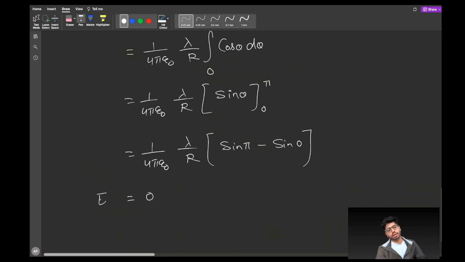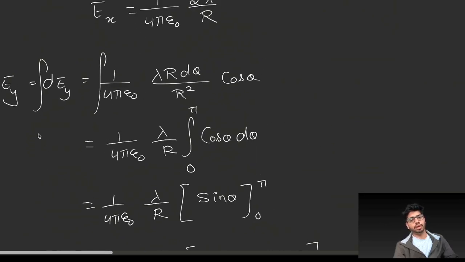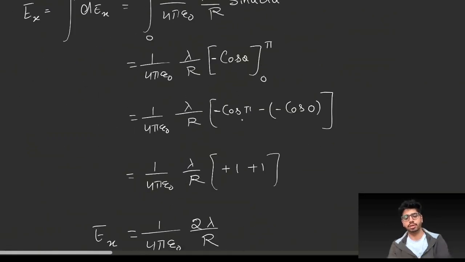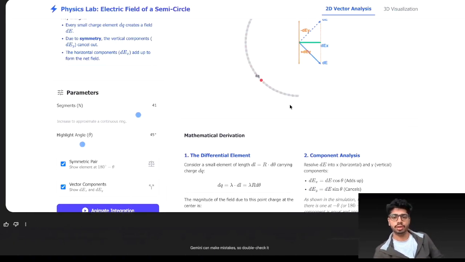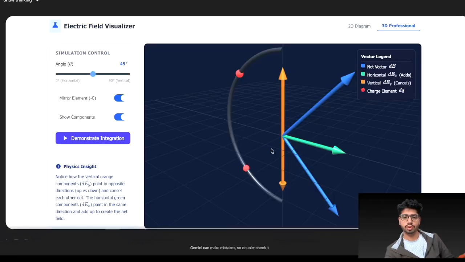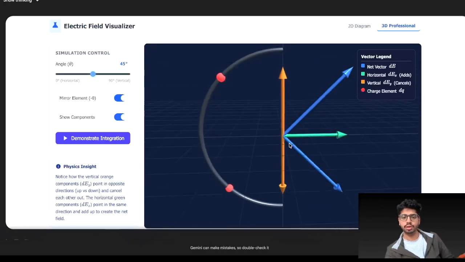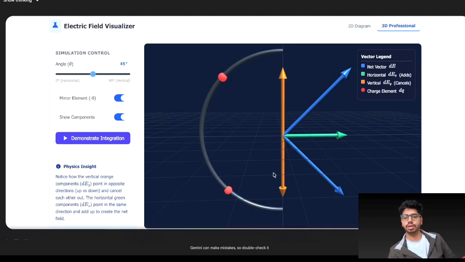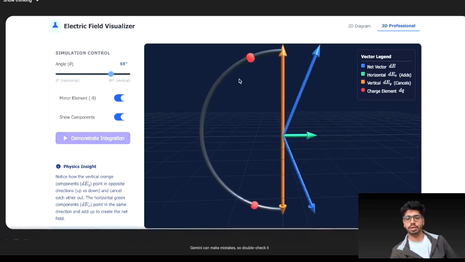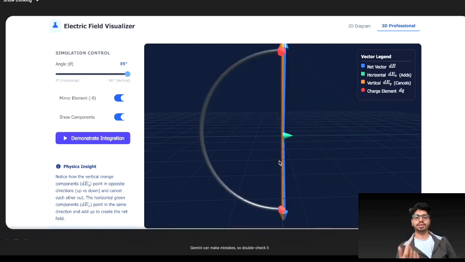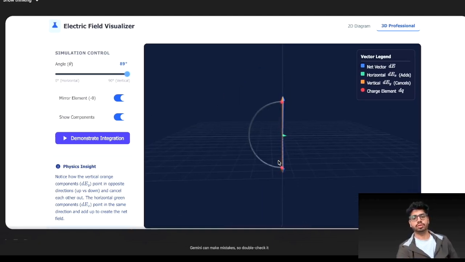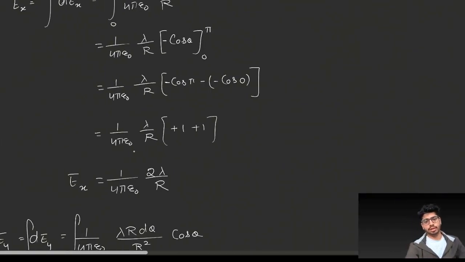And we predicted that the y component has to be cancelled out, correct? The y component has to be cancelled out. To explain it, this is a 3D animation, so you can understand the vertical component has to be cancelled out, and only the horizontal component is going to remain. You can think like this: for every dx element at any point, they are the same and they are cancelling each other out. So this is the whole story.